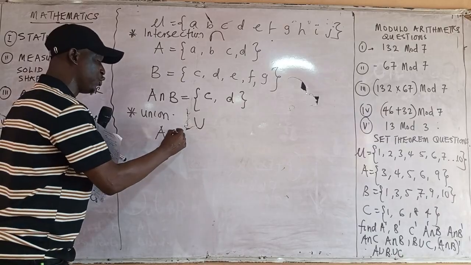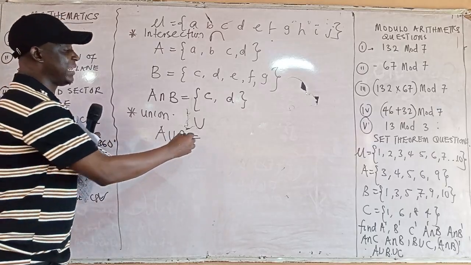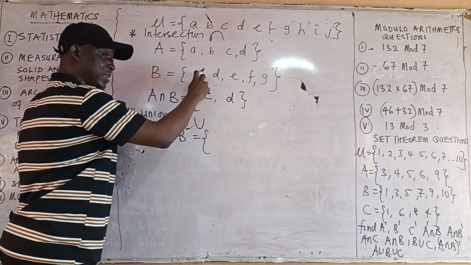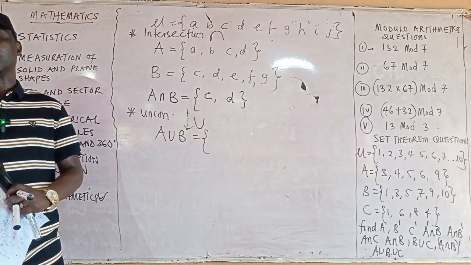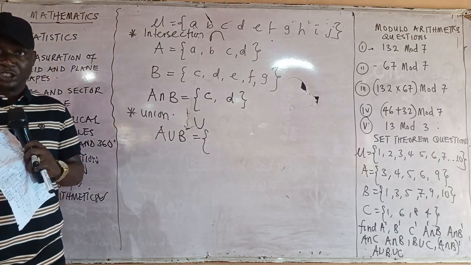If I have A union B, it means I have to select all the elements in A and all the elements in B without repetition. So I need to avoid repetition.